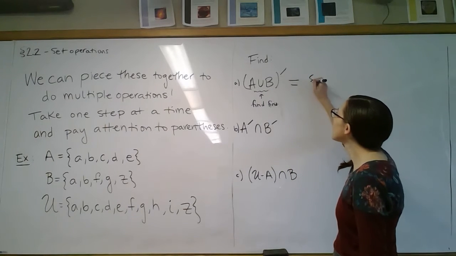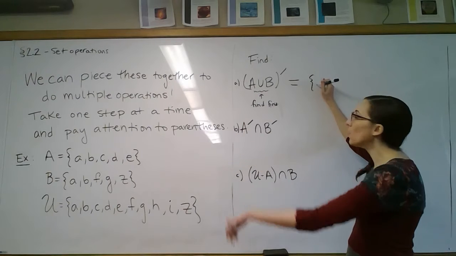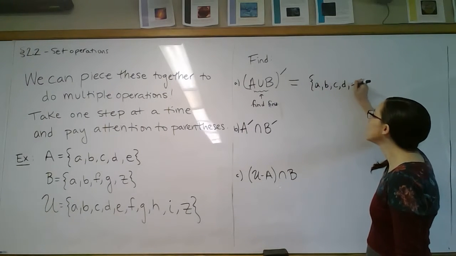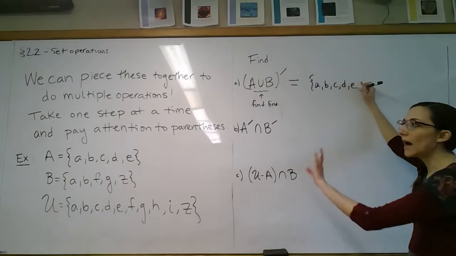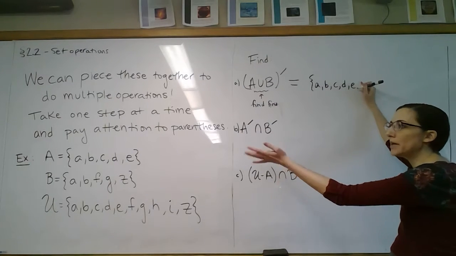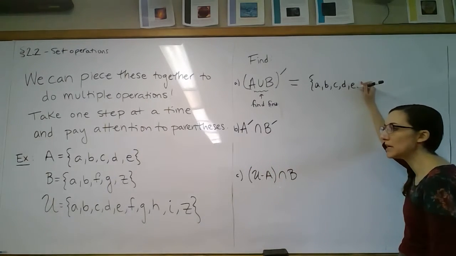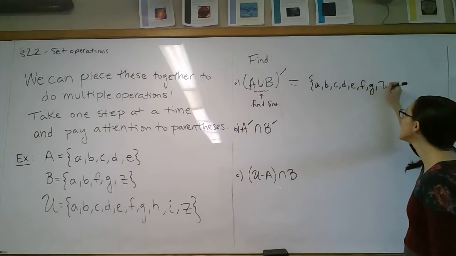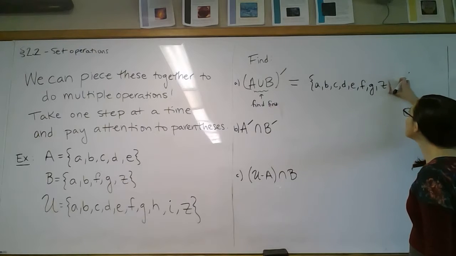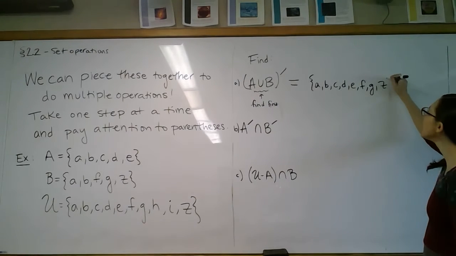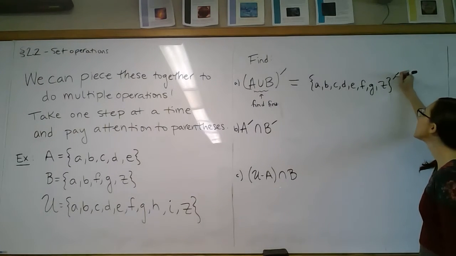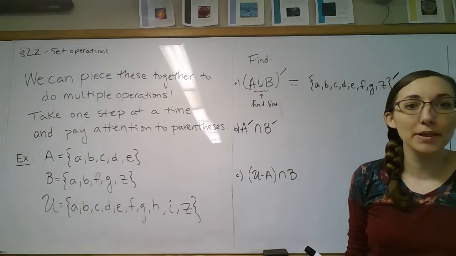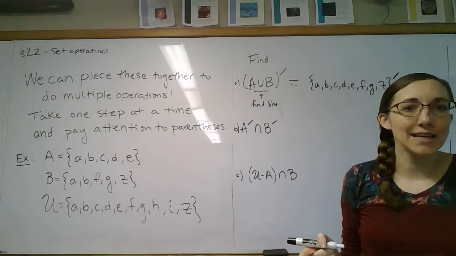So that's going to be the set that contains A, B, C, D, E. And then B again has A, B, but now it has F, G, and Z. So we're going to take that set, but notice, at this point we're not done. Now we're going to take the complement of that set.